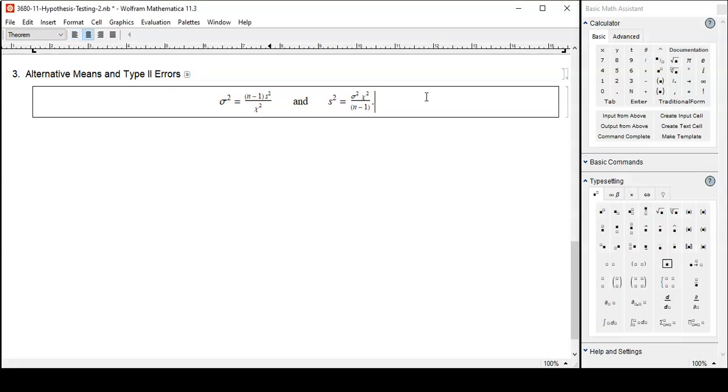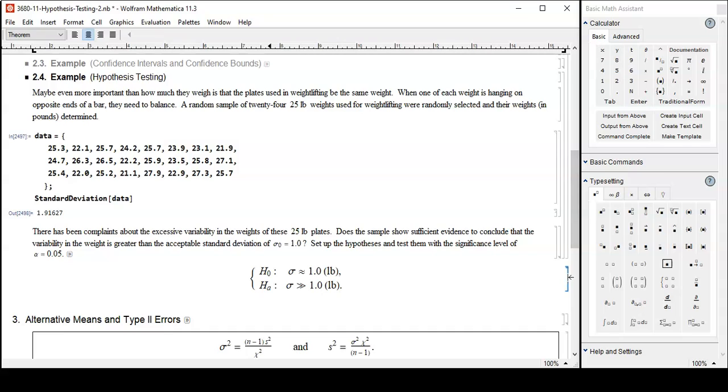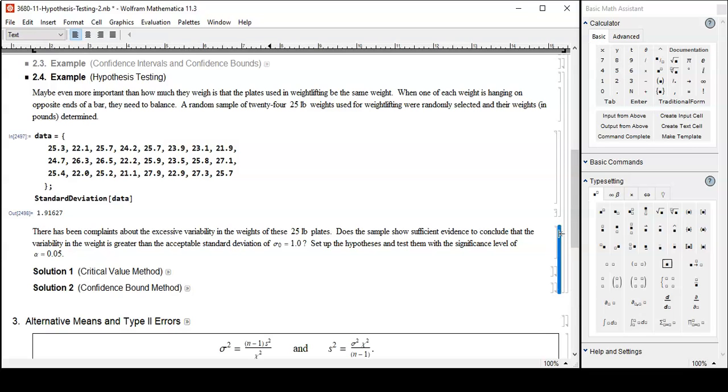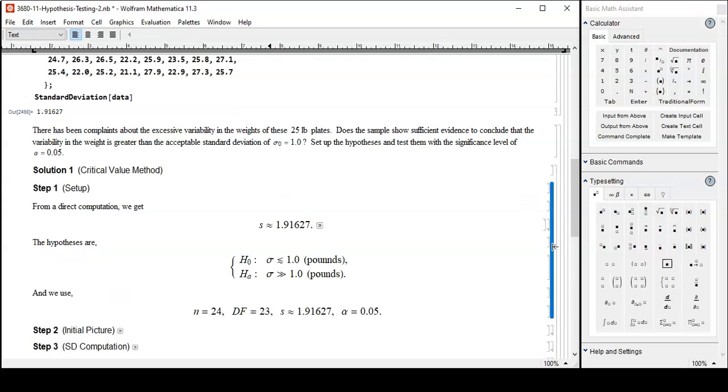All right, let's go back to the problem. Okay, here's the setup. Sample size of 24, so the degrees of freedom is 23, and the sample standard deviation that we are going to use later, and alpha is 0.05.